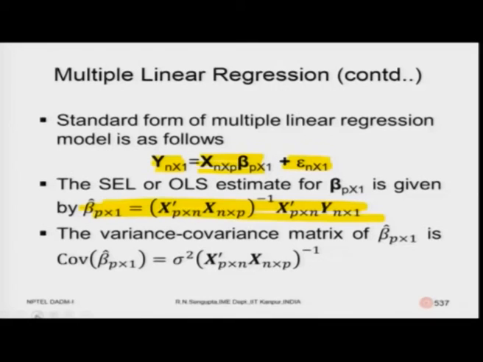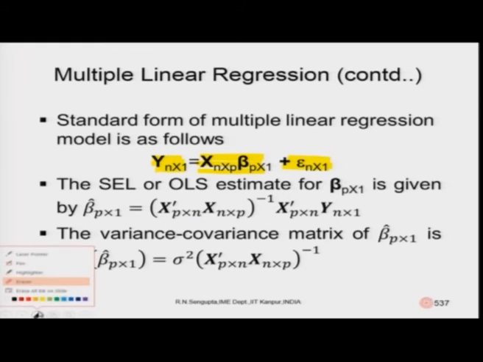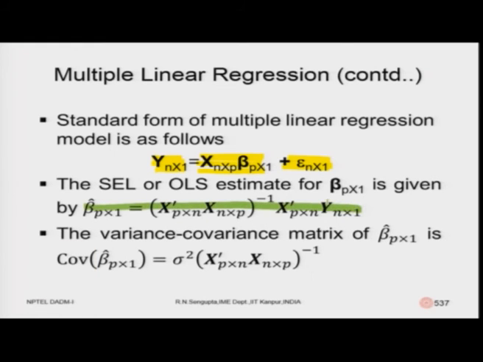Let me change the color, I think it will be much easier for you to appreciate. And the corresponding variance covariance matrix for the betas, which are the errors: the principal diagonal will be the variance of beta 1 with respect to beta 1, 2 comma 2 would be the variance of beta 2 with respect to beta 2, and similarly the last element p comma p would be the variance of beta p with respect to beta p, and the off-diagonal elements are the covariances.